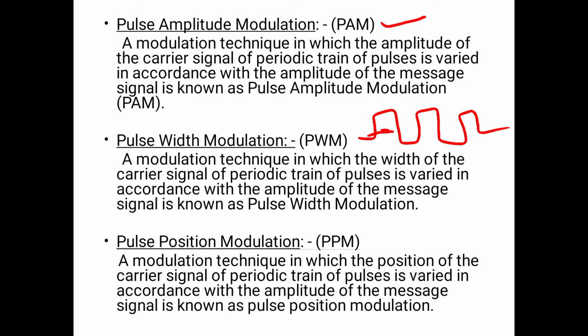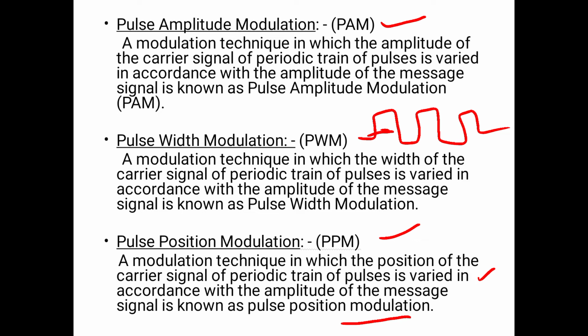Next, coming to pulse position modulation. This is the last classification of pulse modulation technique. A modulation technique in which the position of the carrier signal, a periodic train of pulses, is varied in accordance with the amplitude of the message signal is known as pulse position modulation. In the case of pulse amplitude modulation, our carrier amplitude varies according to the amplitude of the message signal.